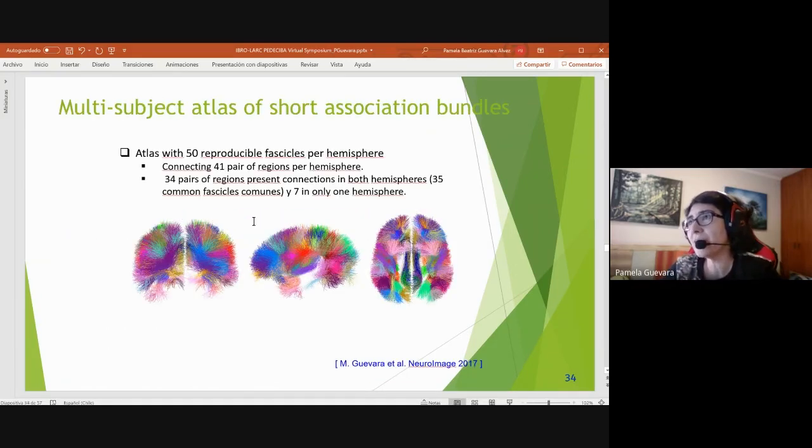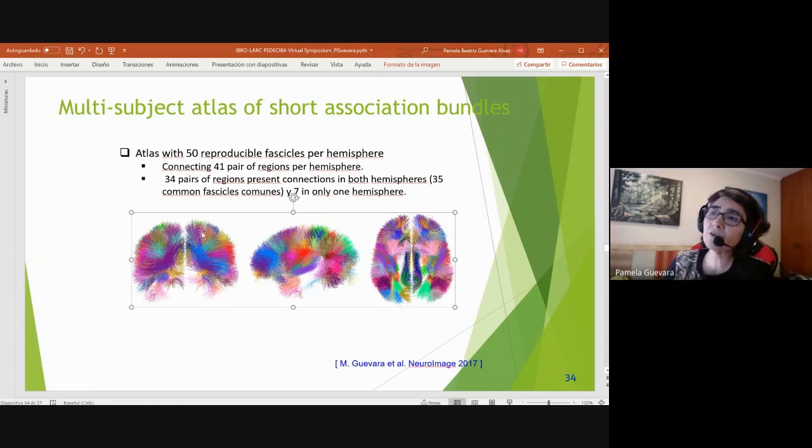So we also started to study the short association bundles. That is more new, from 2017. Following the same idea, we tried to create an atlas of short white matter bundles.